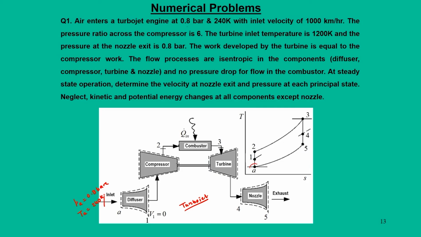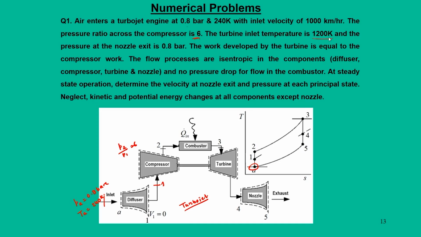After exit from the diffuser, the air reaches state 1 at the entry to the compressor. That number we do not know, but the pressure ratio P2 by P1 in the compressor is 6.